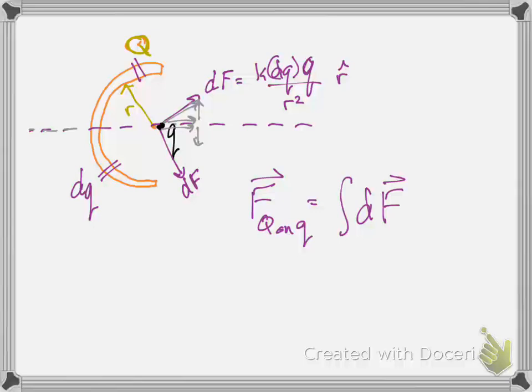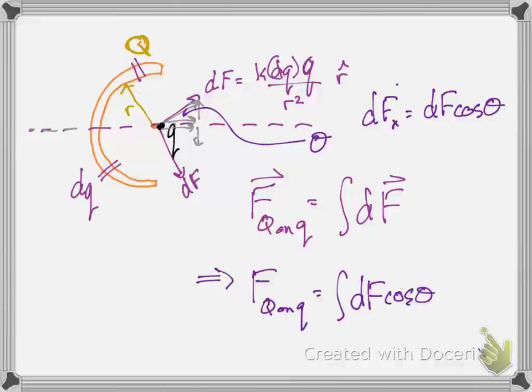So all we need to do is take the x component of each dF, and then the vector sum turns into a scalar sum. Let's put in an angle. The angle I'm interested in is in here. I'm going to call it theta, so that the x component dFx is equal to dF cosine theta.